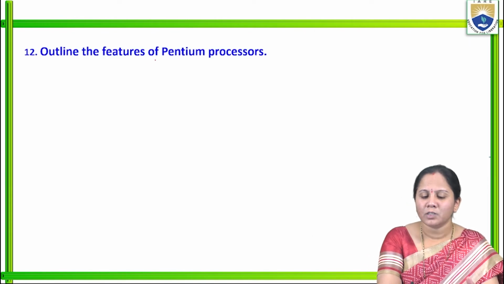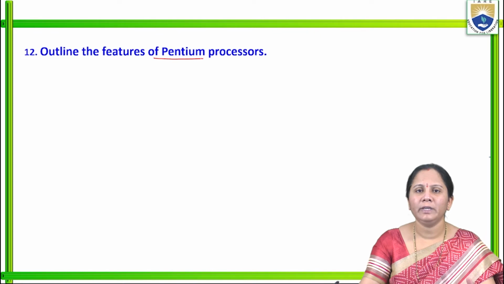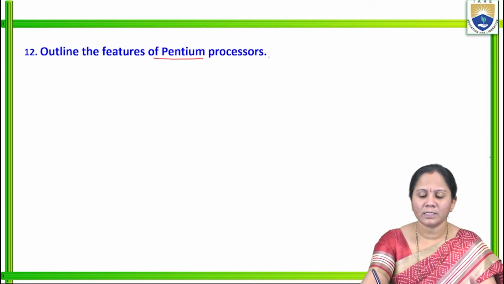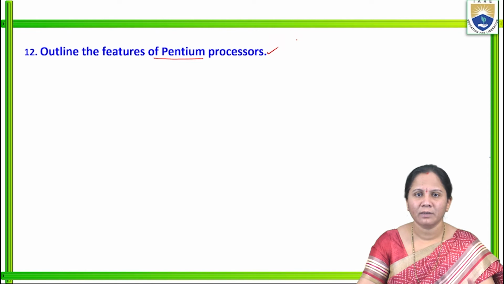And outline the features of the Pentium processor. From the 80586 advanced microprocessor, we call those processors Pentium processors. Considering that microprocessor, we have to write what all the features of the Pentium processor are.